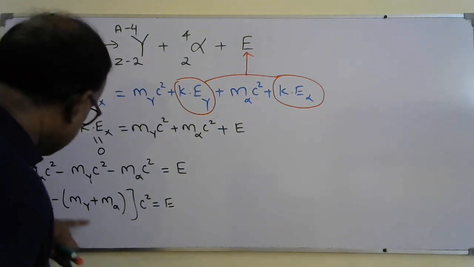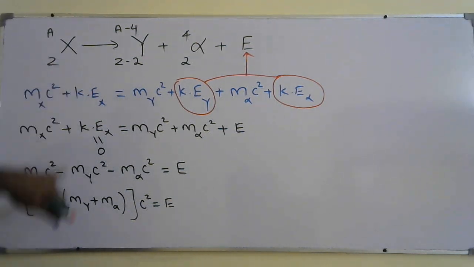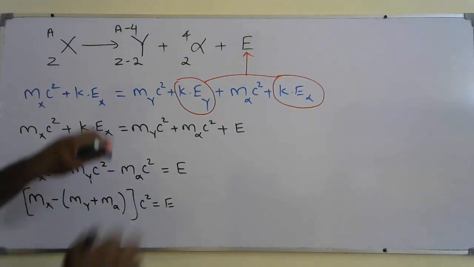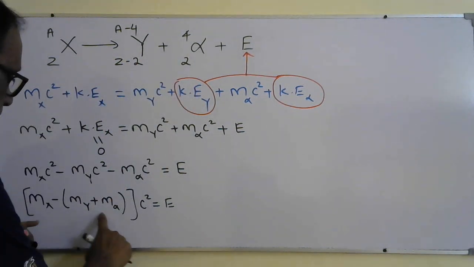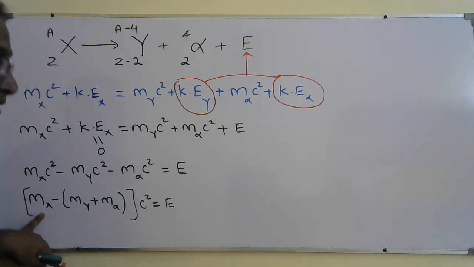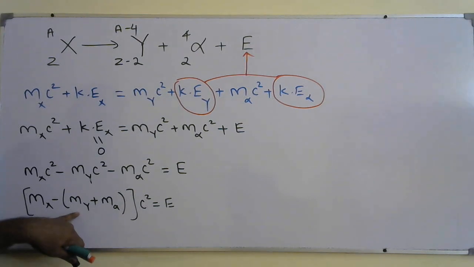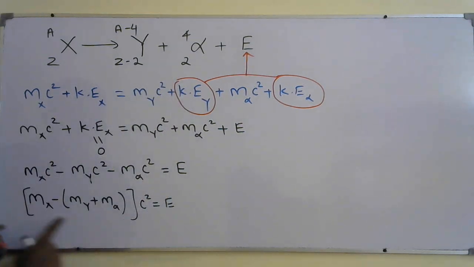Now see here, what is this one? Mass of X minus (mass of Y plus mass of alpha). Mass of Y plus mass of alpha is the total mass of the products. So the initial mass, that's the mass of the parent nucleus, minus the total mass of the products, this is called mass deficit.